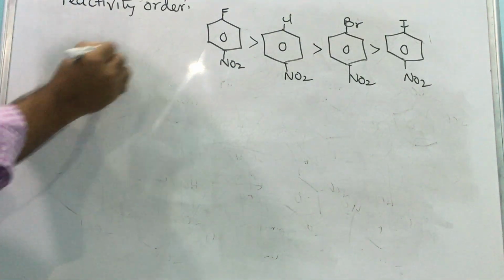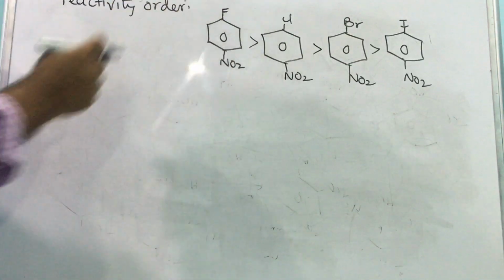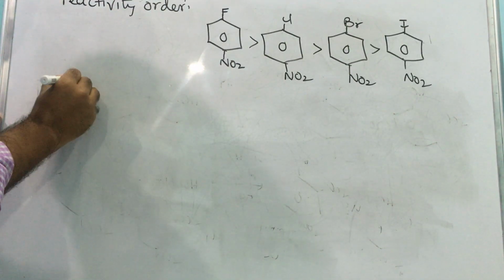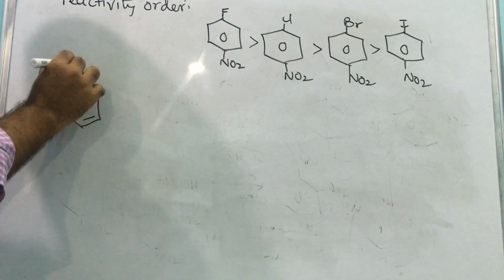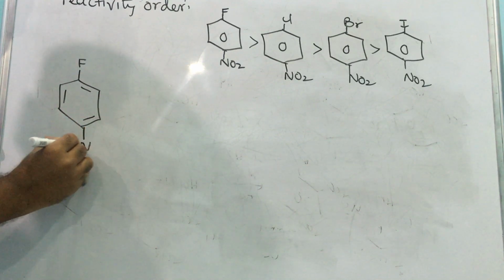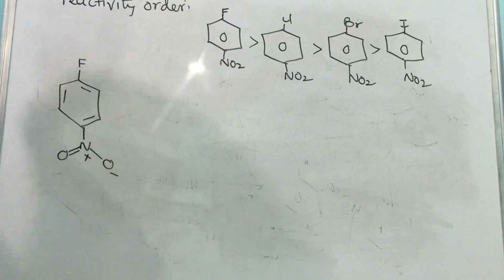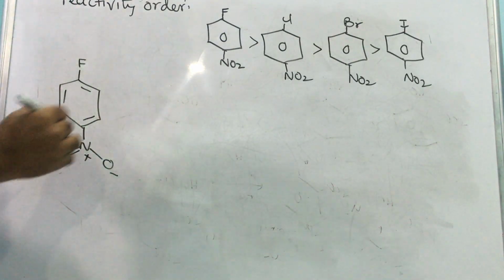Now I will take fluorobenzene and chlorobenzene and compare the reactivity. This is fluorobenzene. At this position we have the NO2 group, which I wrote in the form of a Lewis dot structure.